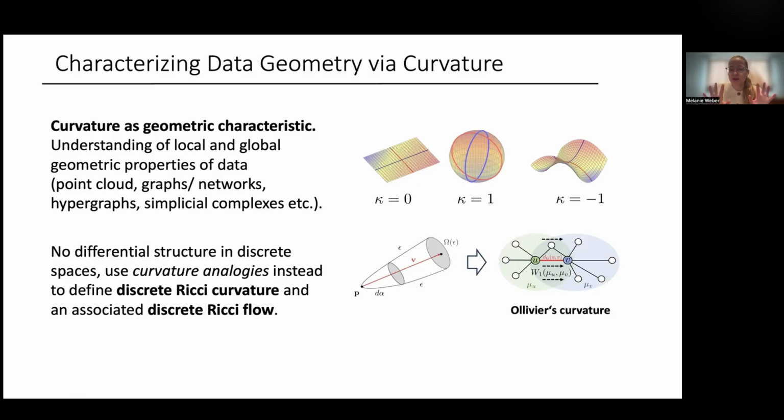And the way we want to go about this is to use curvature analogies. Basically what this means is that Ricci curvature or Ricci flow relates to other characteristics in the continuous setting that we already understand well in the discrete setting.